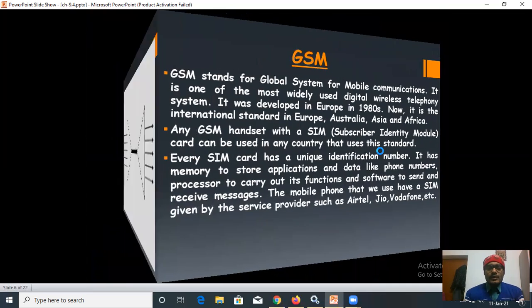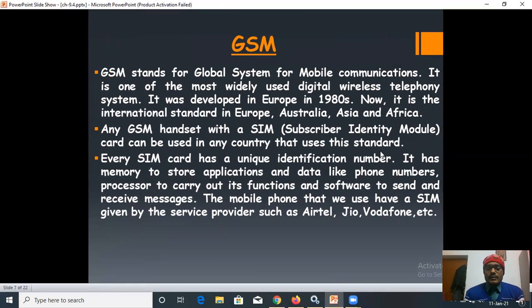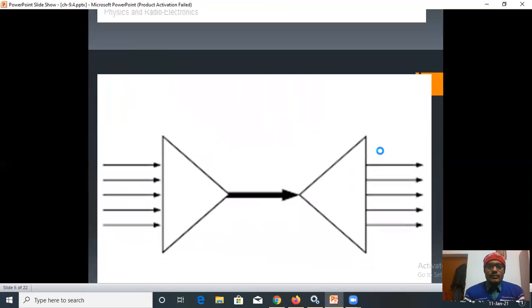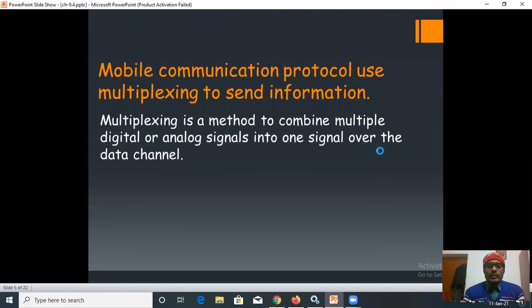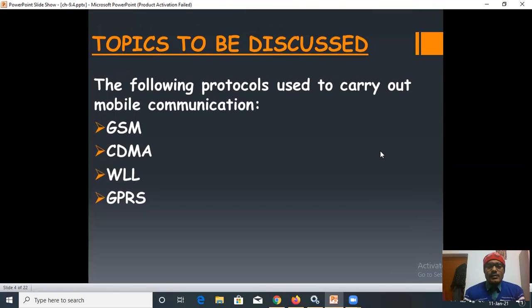Okay, now first one is coming to GSM. So now I would like to introduce the different protocols which are used in mobile communications. The following protocols are used for carrying out mobile communication: GSM, CDMA, WLL and GPRS.